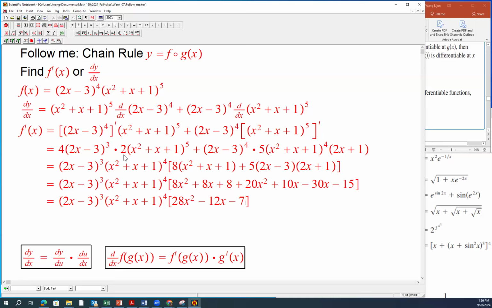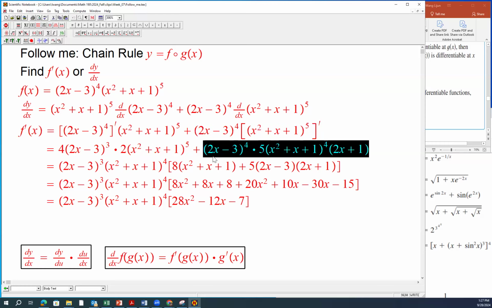So you can see when I check a student's work, on things like this, I would check that if you have each part, either this piece or that piece. So this step is definitely checked.